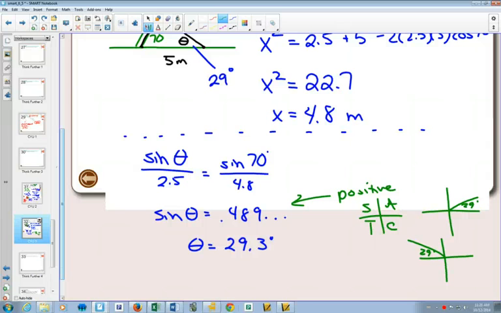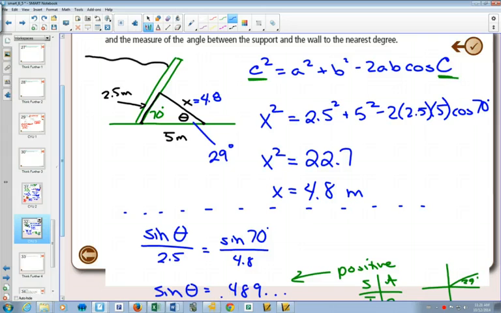If that reference angle is 29 degrees in quadrant 2, then this angle would be 151 degrees. The nice thing about our triangles, we know that 151 isn't a possibility, because if it's 151, then our triangle adds up to over 180, which is impossible. So we know that the answer has to be the 29.